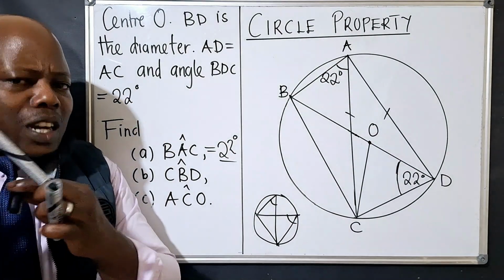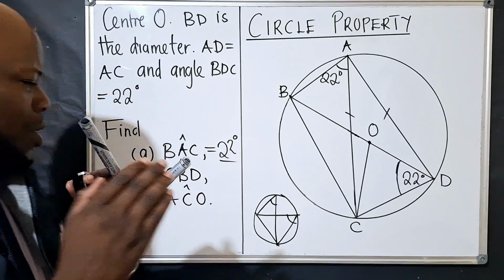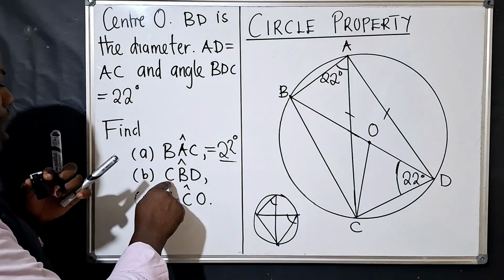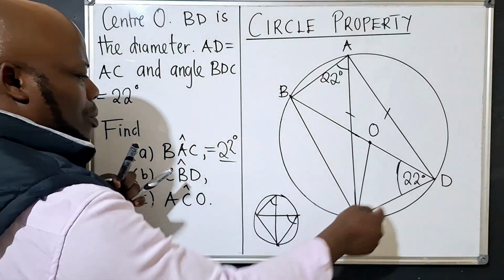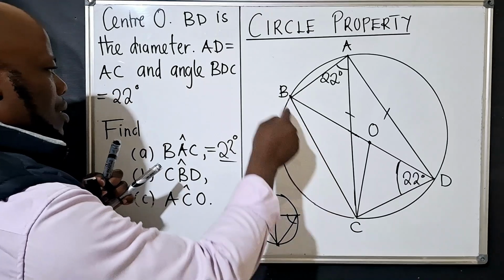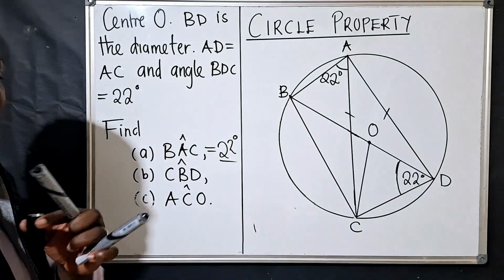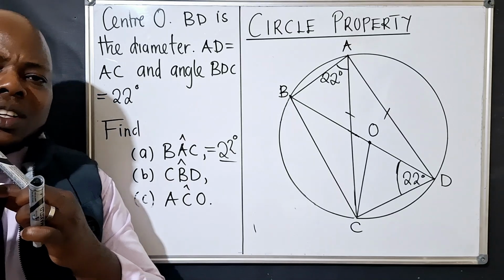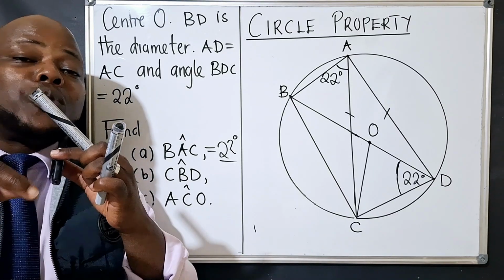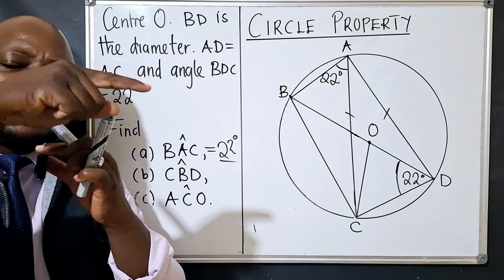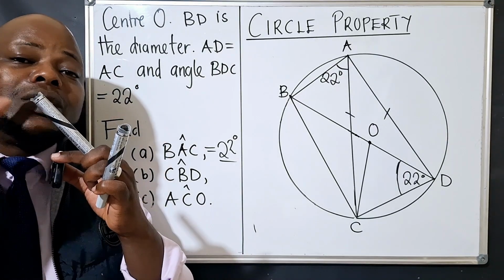Let's check out question B and C. What we're supposed to do on question B. For question B, they're asking us to find angle CBD. Where is C? C is right here, and then B is here, D is here. Here, guys, you don't need to think very much. There is a property which says that when you've got a triangle which is formed inside the circle and it's passing through the center, one angle there is 90 degrees.